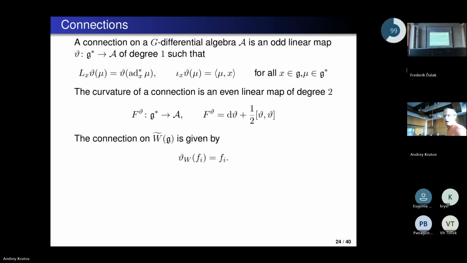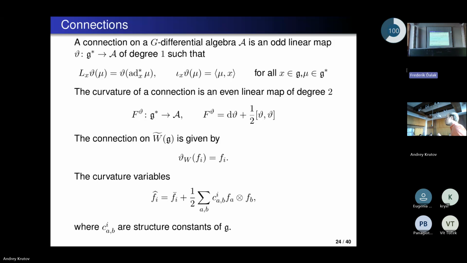So, for example, we have a connection on the non-commutative Weil algebra given by a simple formula: we just send the copy of G star to the hat version. And the components of the curvature form are given by these curvature variables. Here c_ab^i is just the structure constant of G. So you have another set of generators given by the odd generators and these curvature variables.